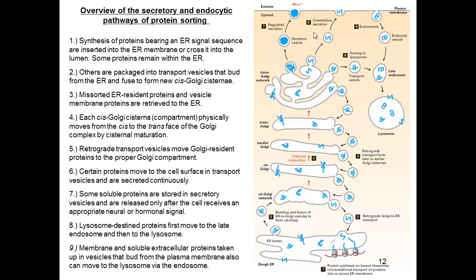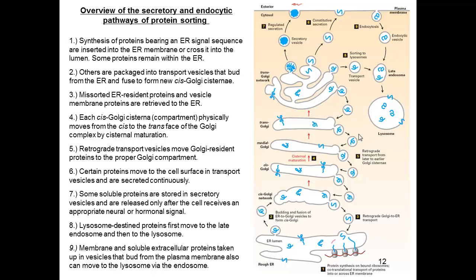You can also have constitutive secretion, which means that as soon as you get to the membrane, they fuse. Proteins can also be sorted to lysosomes. We'll see the process of endocytosis, joining in endosomes where they will eventually go to lysosomes, and the cell will recover some materials.